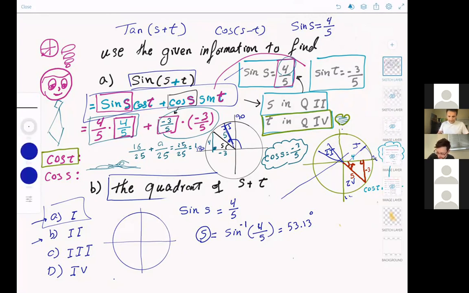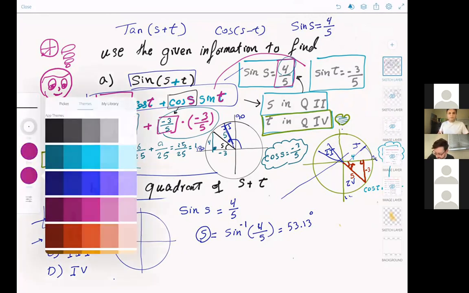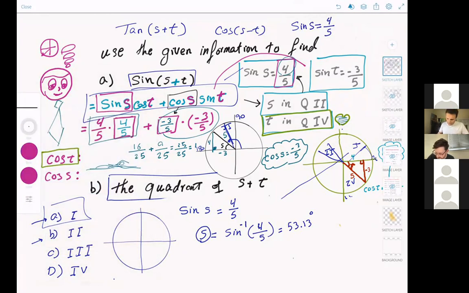I mean, you did it correctly, but 53 is right there, for example. This is 53.13, and sine of that is 4/5. Also, sine of this angle, this height and that height are the same. Also, sine of 180 degrees minus 53.13 is 4/5.